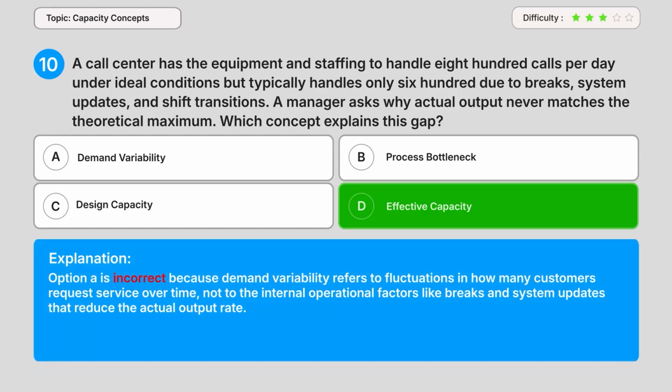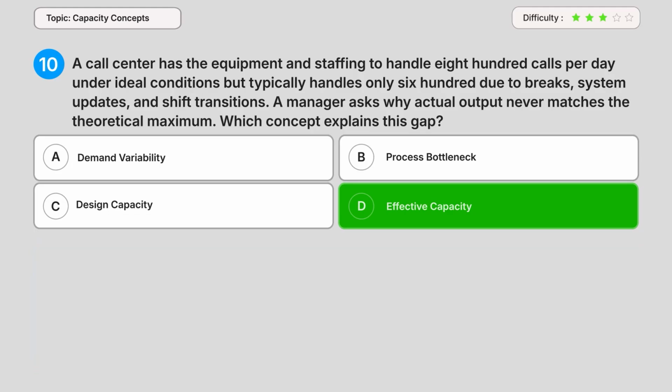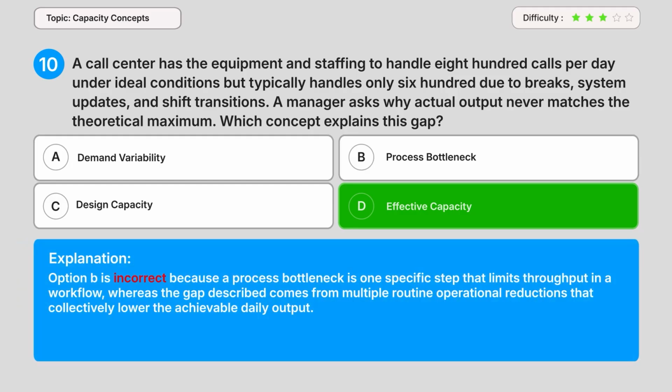Option A is incorrect because demand variability refers to fluctuations in how many customers request service over time, not to the internal operational factors like breaks and system updates that reduce the actual output rate. Option B is incorrect because a process bottleneck is one specific step that limits throughput in a workflow, whereas the gap described comes from multiple routine operational reductions that collectively lower the achievable daily output.